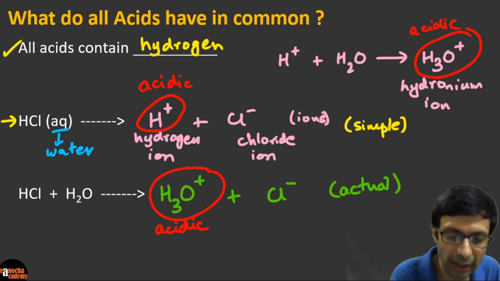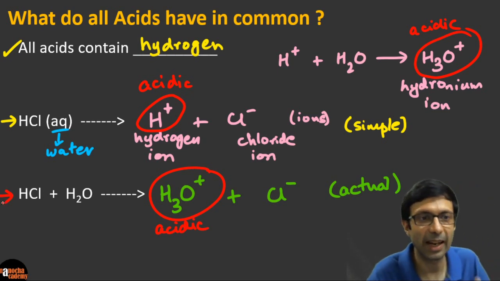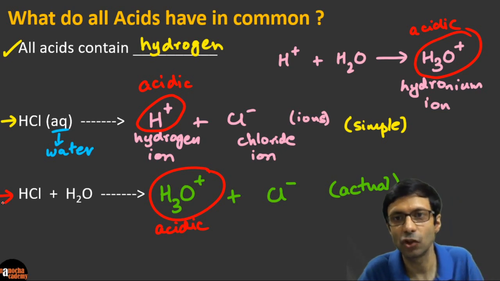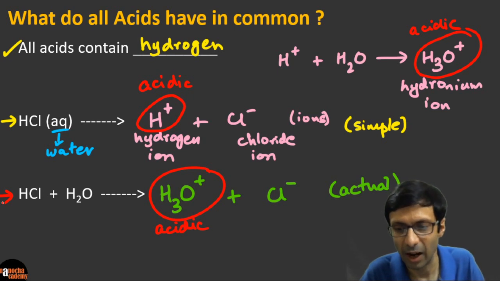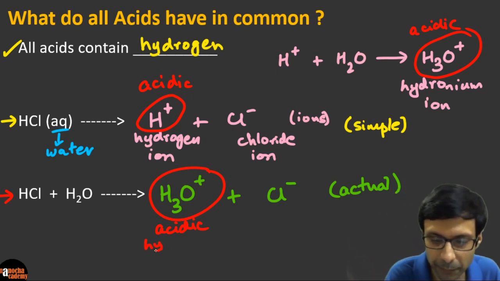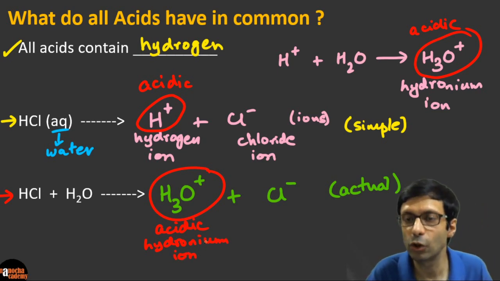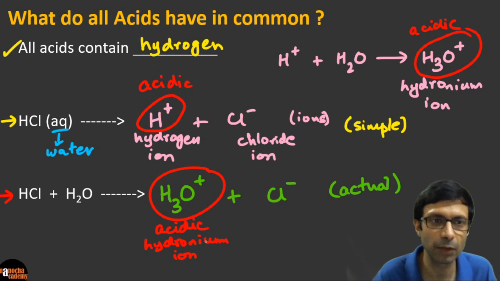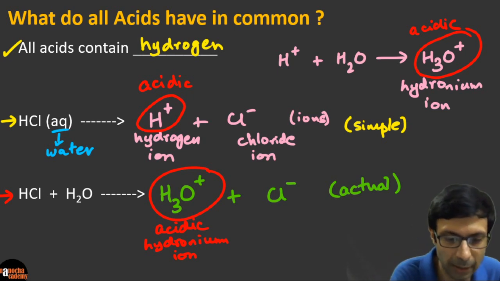And that's why the reality is this equation where we say HCl plus water forms H3O plus and chloride minus, and that's our hydronium ion here, right? Hydronium ion. Okay, so usually if you're being taught the hydronium ion, you need to write the second equation. If you're being taught in the simpler H plus form, you can write that. Both are showing the same concept, but one is a simpler form.